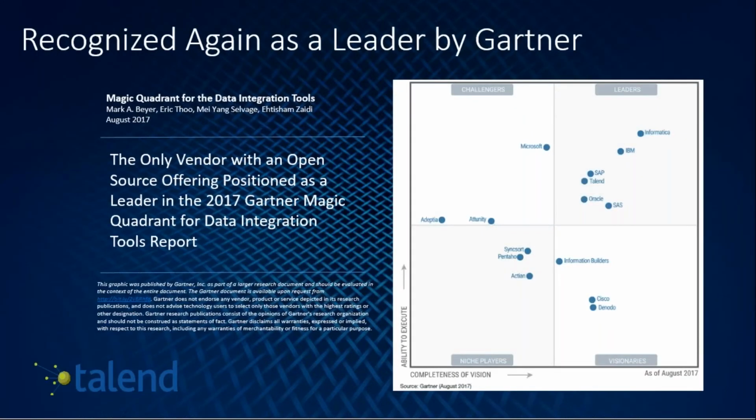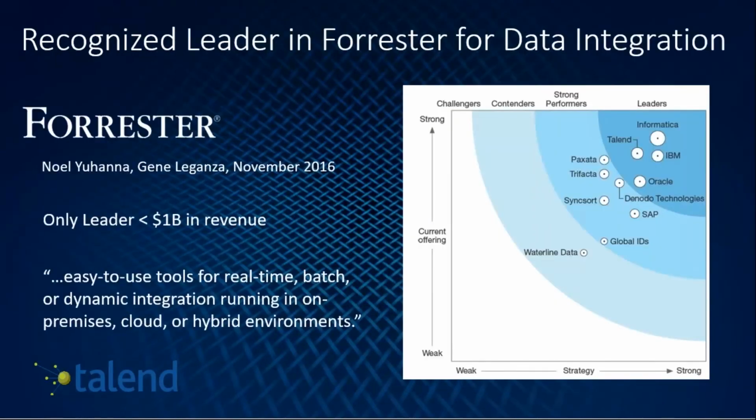If you look at Gartner in their 2017 report, we are actually the only vendor in the leaders quadrant to move up. There's a number of other larger gorillas in the space, but we're the only one to move up into the 2017 ranking from 2016.